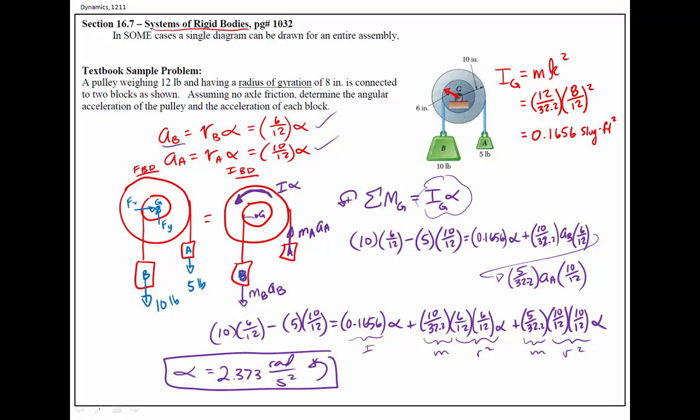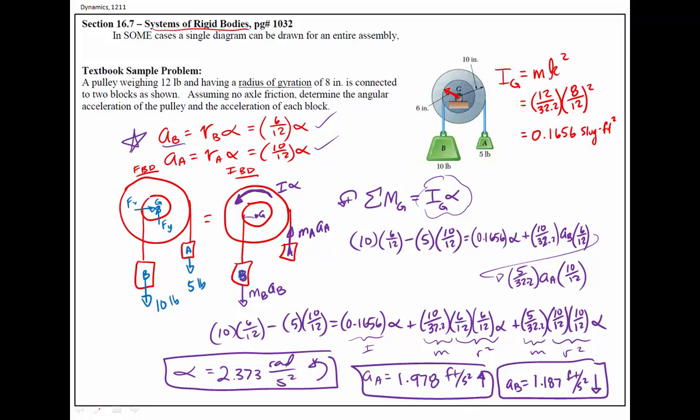And then we could plug back into these equations up here to find that AA is equal to 1.978 feet per second squared, and that's going to be moving upwards. And AB is equal to, let's see, did I write that right? Yeah, 1.187 feet per second squared, and that's going to be going downwards.